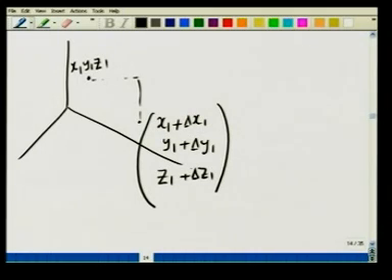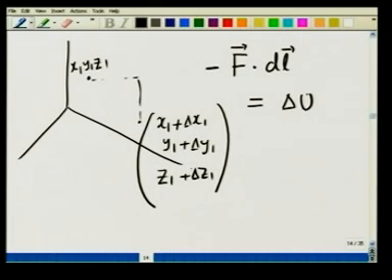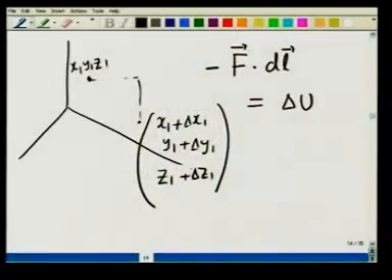Then the work done, since this is a conservative force field, is F dot dl. Work done by us is going to be minus F dot dl, and this is going to be delta u, that is the change of u between this point and this point.